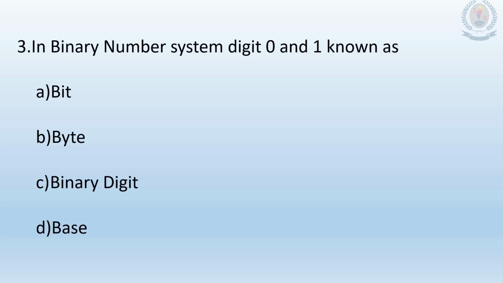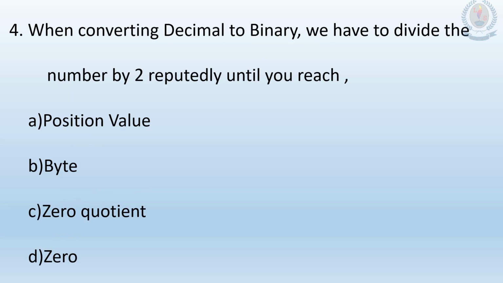Question number 3. In binary number systems, digits 0 and 1 are known as: bit, byte, binary digit, or base? That is binary digit. Question number 4. When converting decimal to binary, we have to divide the number by 2 repeatedly until you reach: position value, byte, 0 quotient, or 0?